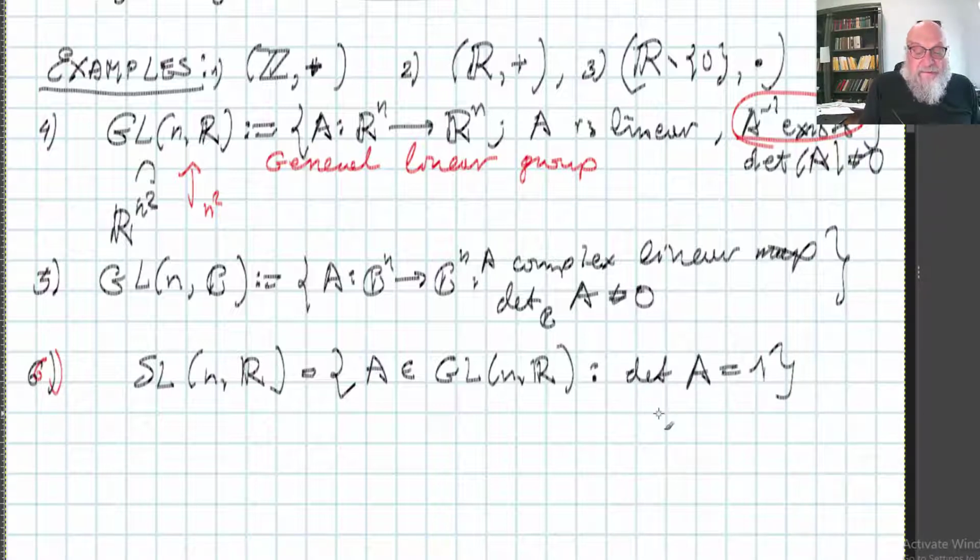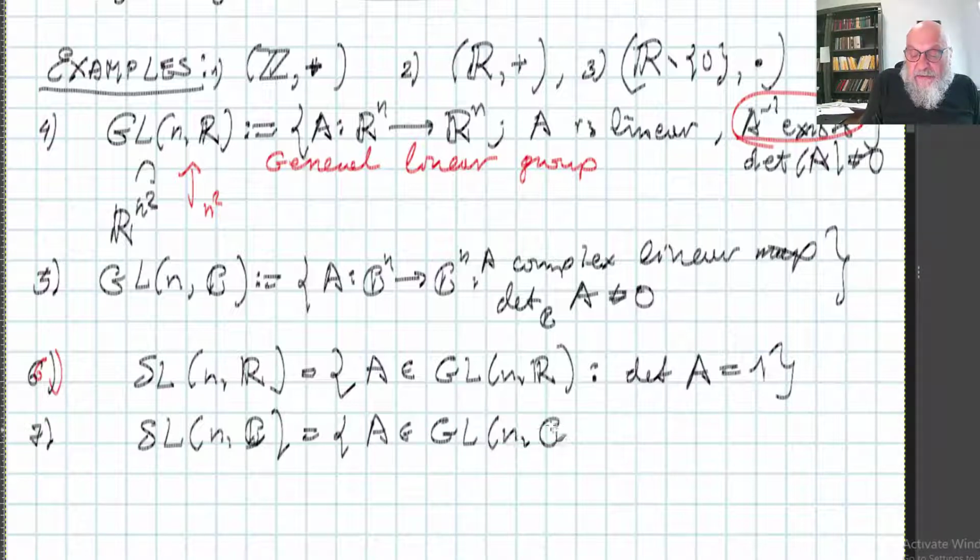So that's another example of a Lie group. And number 7, you can do the same thing with the complex. It will be the set of all A belonging to GL(n,C), and in this case you take the complex determinant of A, again equal to 1.